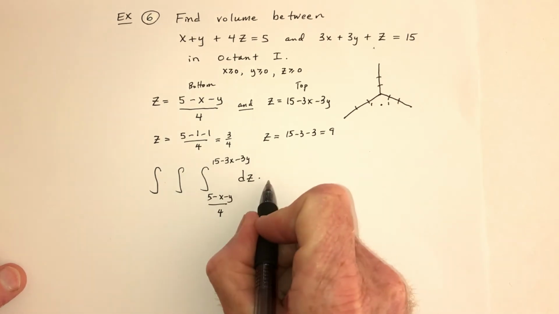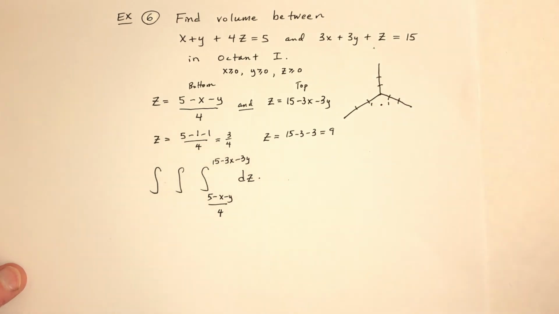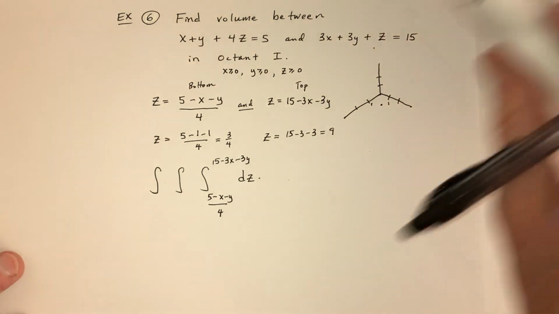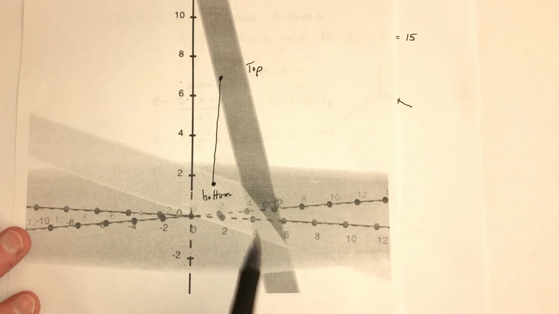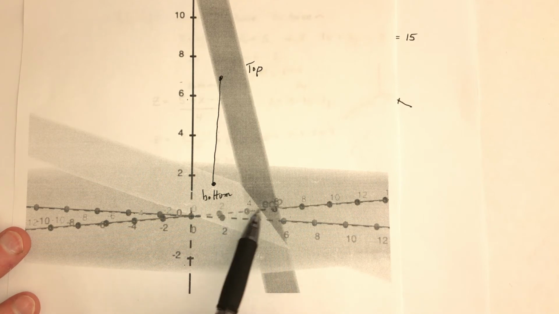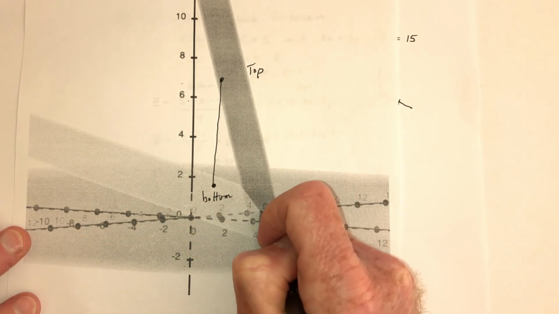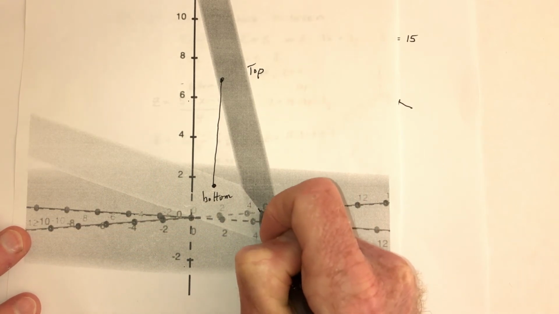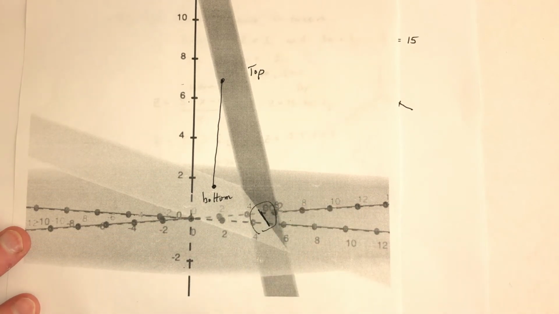Now, what about dx and dy, or dy and dx? Back to this little picture right here. Like I said, over here is the first octant. This is y is positive, this is x is positive, and you can see the planes meet right here. So I need to know what that line is.